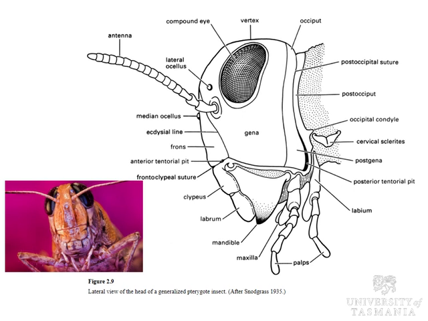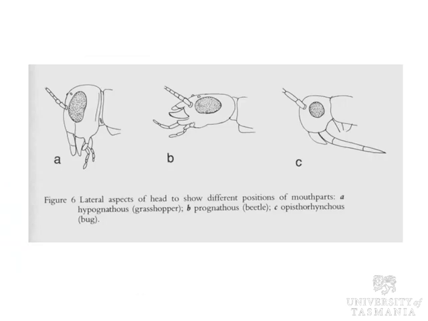With the mouth parts, we can look at the way they are oriented to get some idea, without knowing much about insects at all, about what their diet might be. So we have 3 different orientations of the mouth parts that are possible. They have a funny name, but they're orientations that I think are fairly self-explanatory.